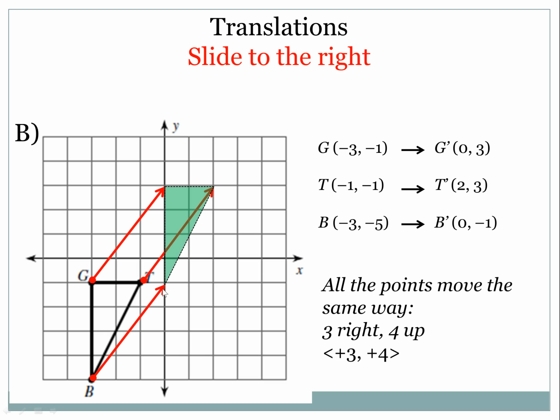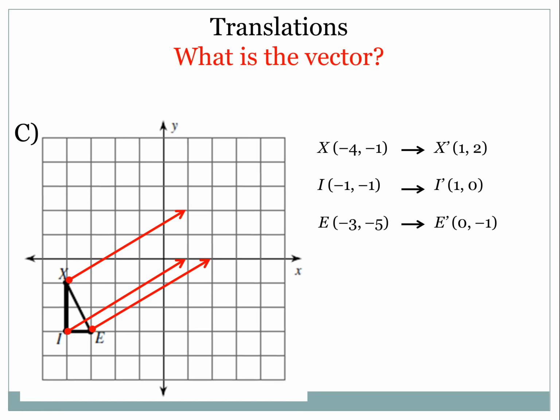Excellent. As the plane flies by overhead, we see the translation is exactly that, a slide up and to the right. So let's take a look at example C. Example C, it also looks like it is a slide up and to the right. And we see all of the new points for X, I, E. And we see that the new triangle is exactly the same size and shape. And the question here is, what is the vector? So how far did we slide to get over to the green triangle?